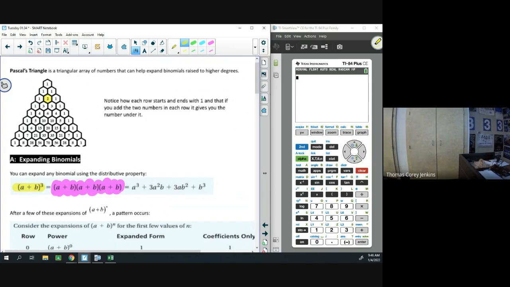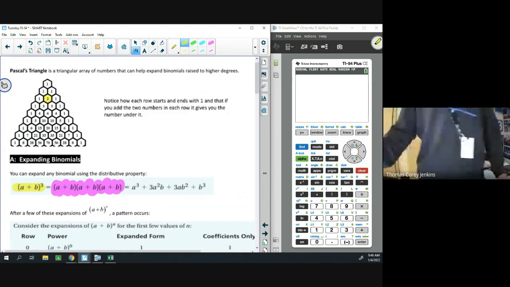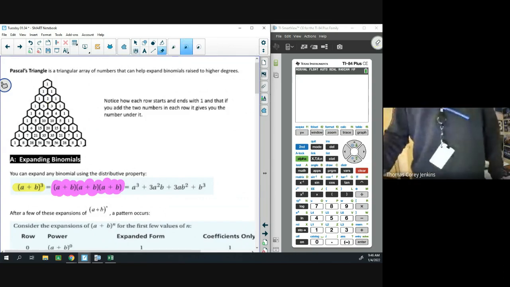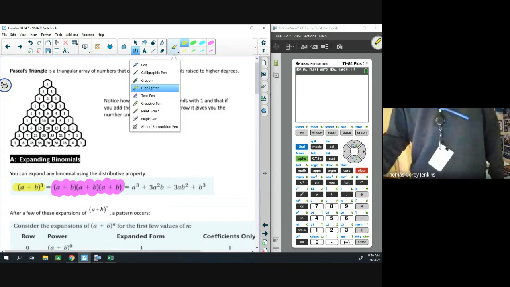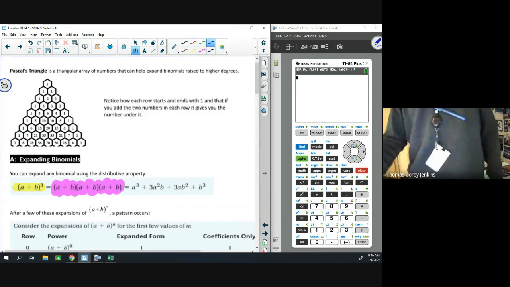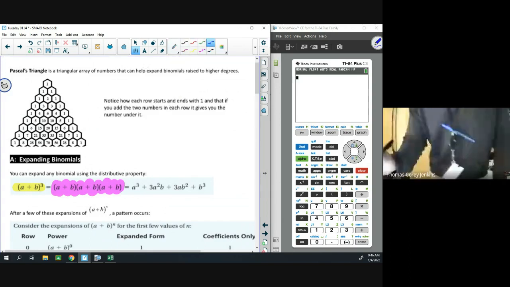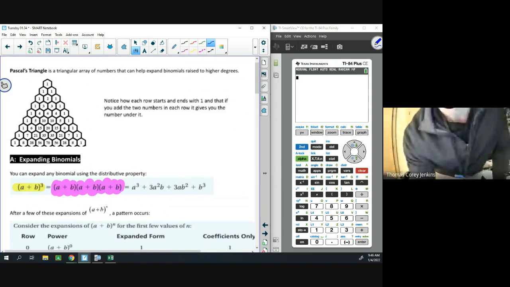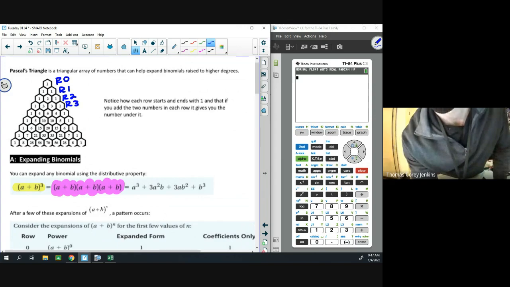So one last thing on this, and then we'll get into the why. Let's write out which row each one is. We would call the top row not row 1. This would be row 0. And then row 1 would be that one, row 2, 3, and so on.